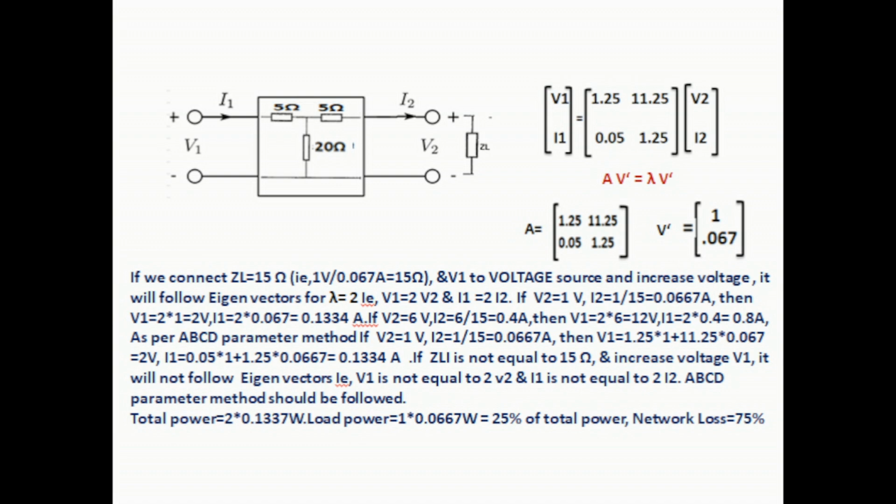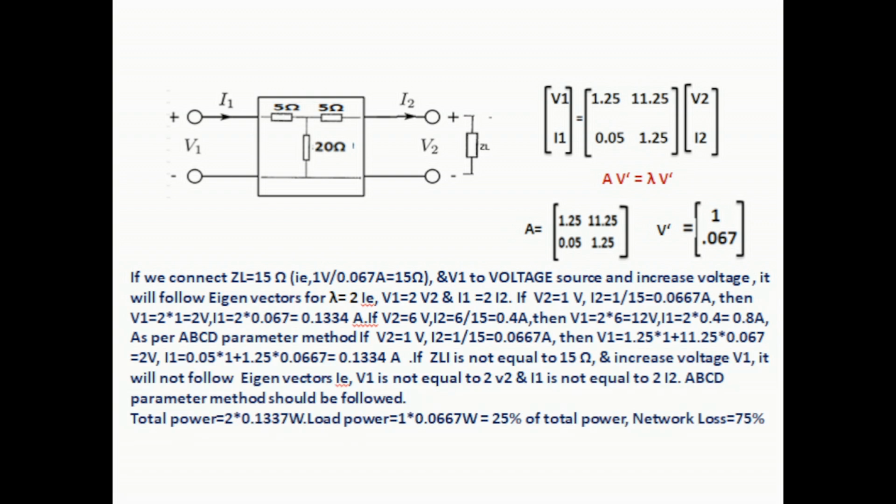As per the ABCD parameter method, if V2 equal to 1 volt, I2 is equal to 1 by 15 equal to 0.0667 ampere, then V1 equal to 1.25 into 1 plus 11.25 into 0.067, that is equal to 2 volt.